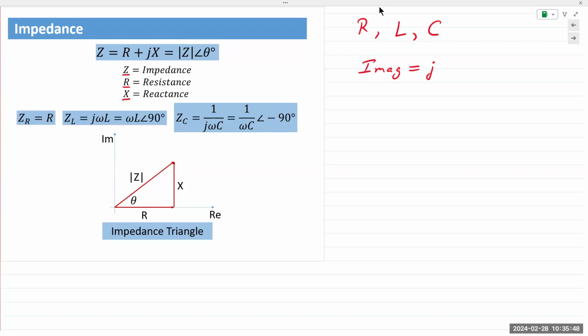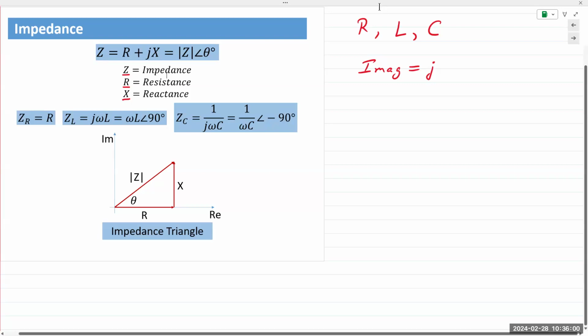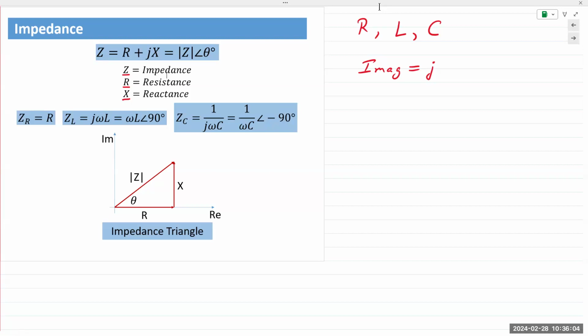So impedance is a complex quantity. It's simply the sum of the resistance and the reactance. All these words are kind of synonyms of each other. Impedance, resistance, and reactance are all representing opposition.